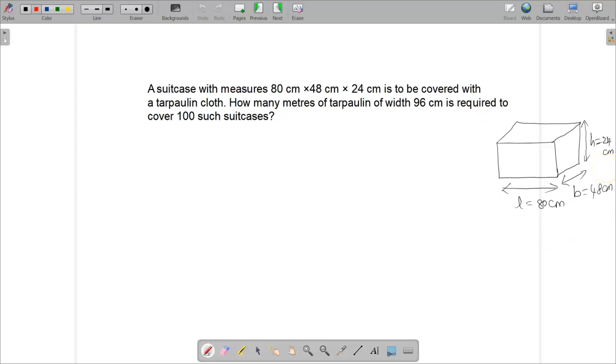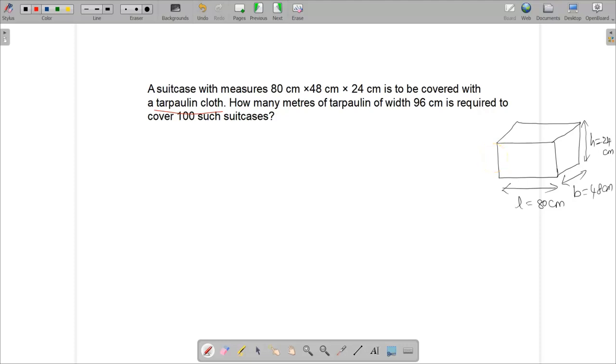It is of cuboid shape and has to be covered with tarpaulin cloth, meaning only the outer side is covered, not inside. Since it is the outer side, we have to consider the total surface area. Why? Because the cuboid has 6 sides, and all 6 sides have to be covered with the tarpaulin cloth.